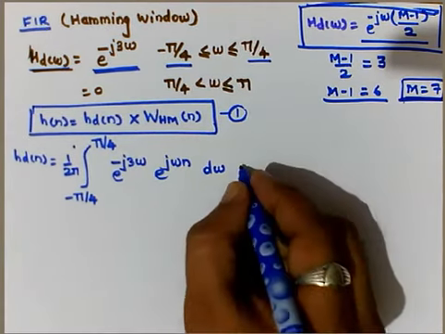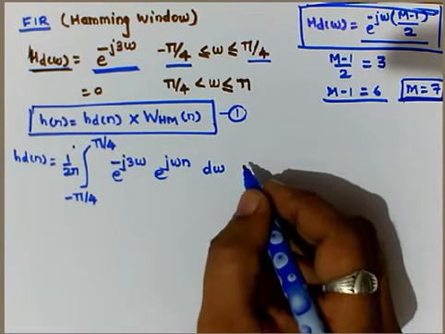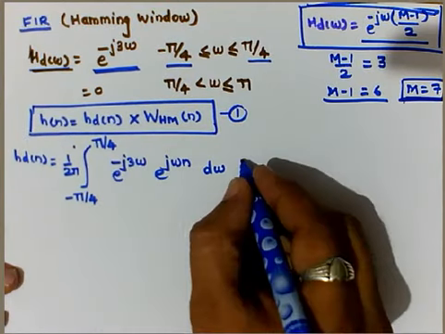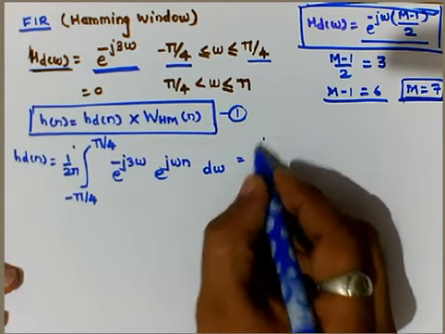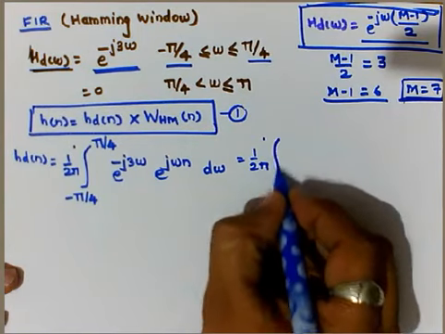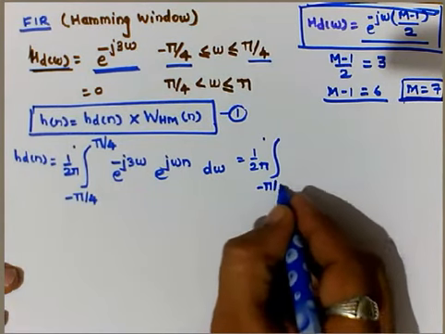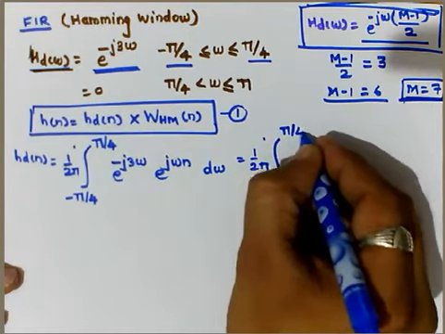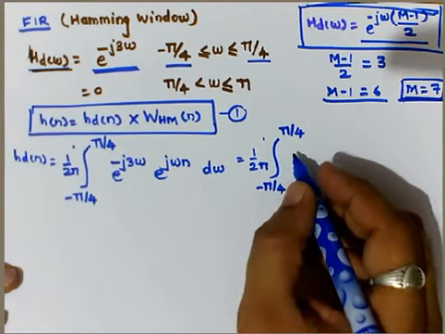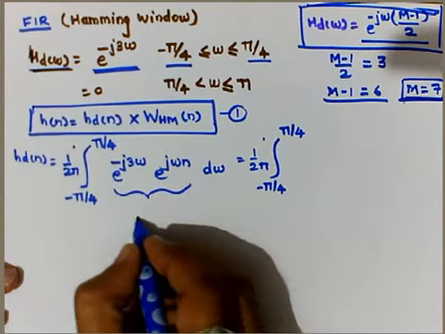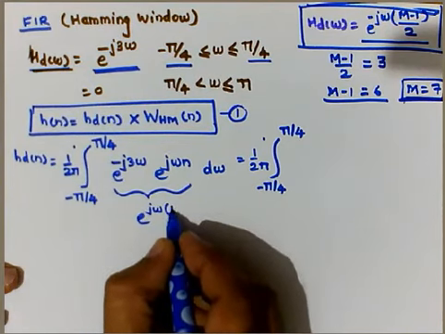Let's say this is the next equation. From this equation we can further simplify it: 1 upon 2 pi integral minus pi by 4 to plus pi by 4. This can be written as e raised to j omega into n minus 3.